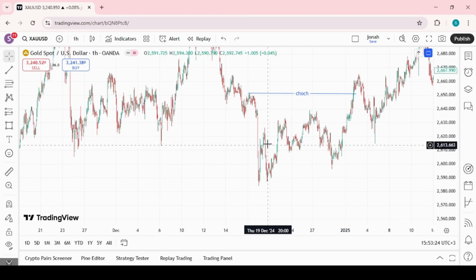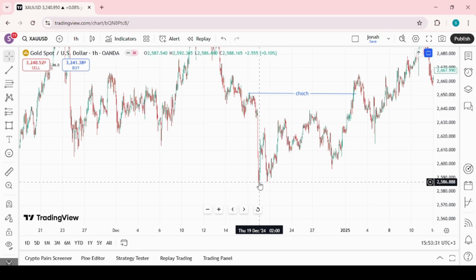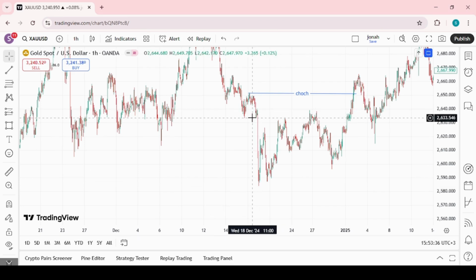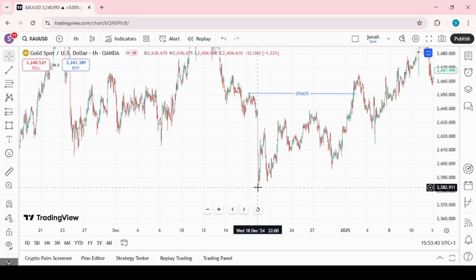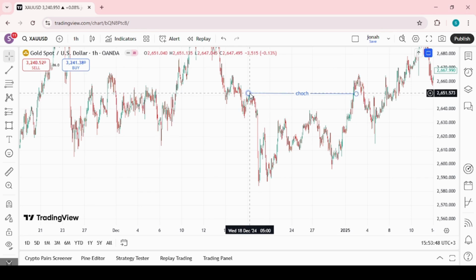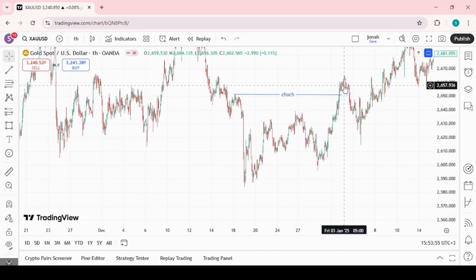The reason is they didn't form new swing lows. So this is the swing low that was formed previously, because it broke below the previous lower low. So breaking below the previous lower low means that this is the new swing low that we have, and a break above this lower high indicates that we have changed our trend.